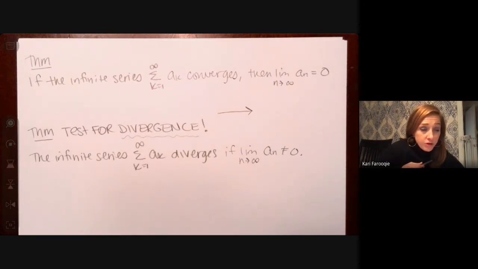One of the first things you can do is take the limit of a sub n. If the limit's not equal to 0, you can automatically conclude that the series diverges. Now, if the limit is equal to 0, you can make no conclusion.